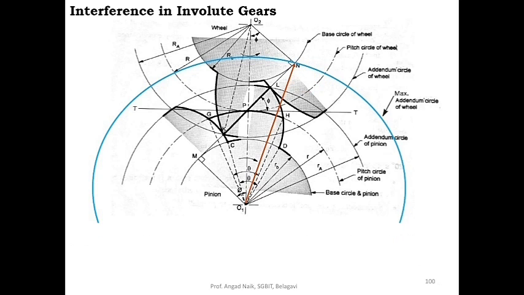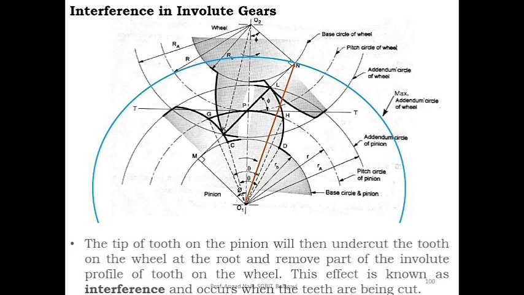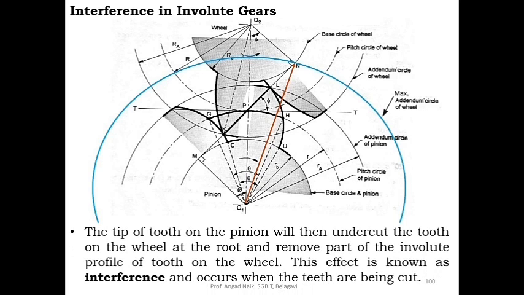So we can conclude that the tip of the tooth on the pinion will then undercut the tooth of the wheel at the root, and remove part of the involute profile of the tooth on the wheel. This effect is known as interference and occurs when the teeth are being cut.